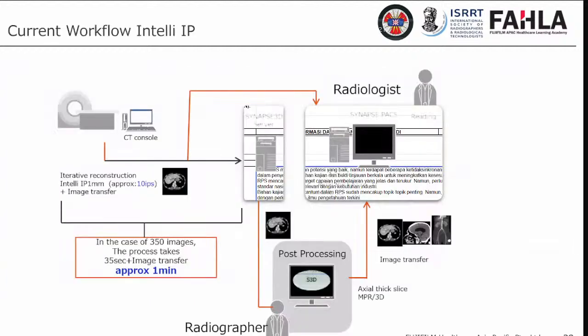But nowadays things are different. So this is the previous workflow. Images coming from the CT we send to the 3D server, and then from there you will process. So you depend hardly 100% on the dose control and management at the scanner itself.